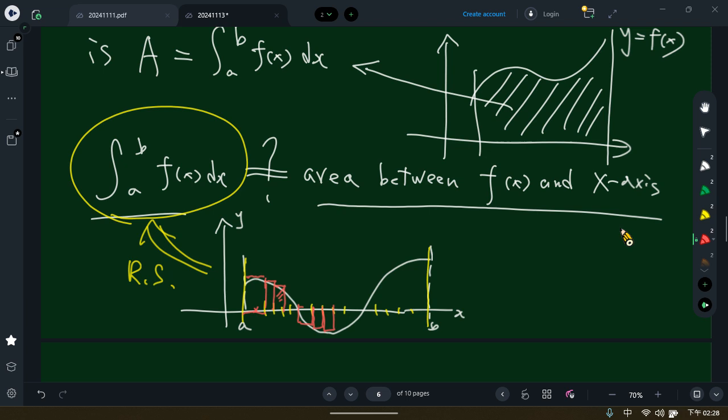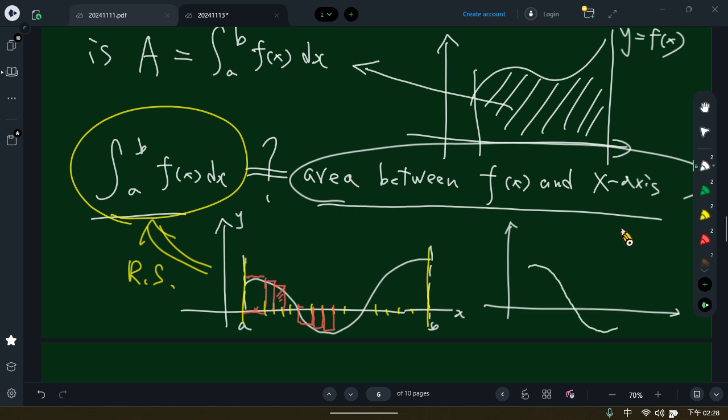But when we talk about the area between f of x and the x-axis, here is a to b, and this is the x-axis, and we are calculating this. So they are different. This part is this area plus this area plus this area.